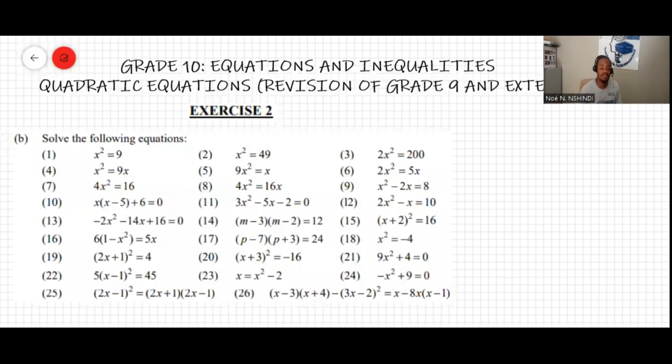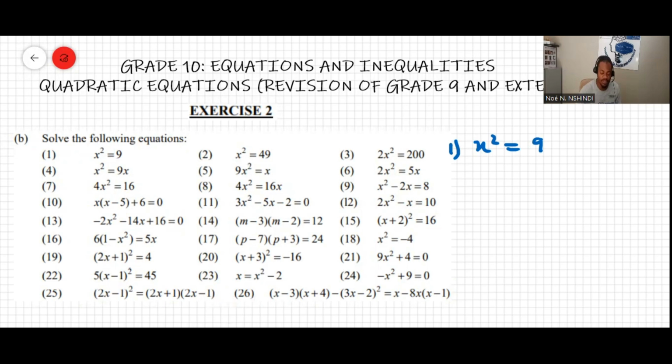Well, question B says solve the following equations. For question 1, x squared equals 9. We could move 9 and then do the difference of two squares.